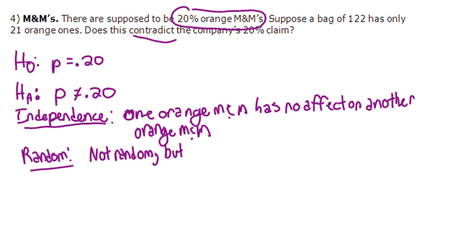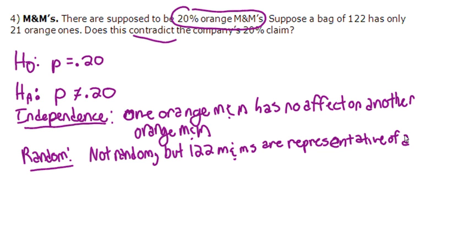But the 122 M&Ms, so we always use our entire sample, so 122 M&Ms should be, so are representative of all M&Ms. The 10% condition: 122 M&Ms is definitely less than 10% of all M&Ms.